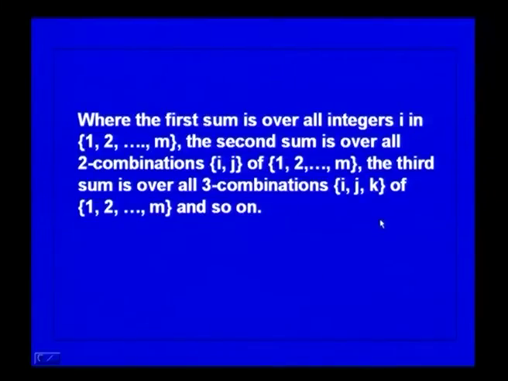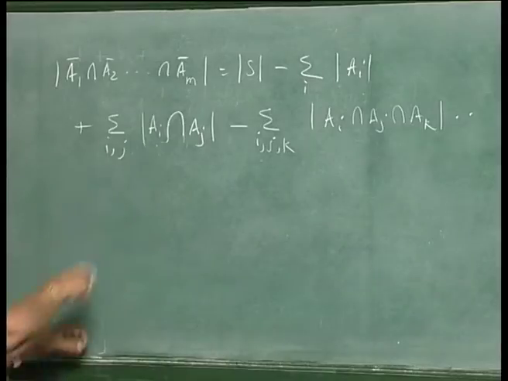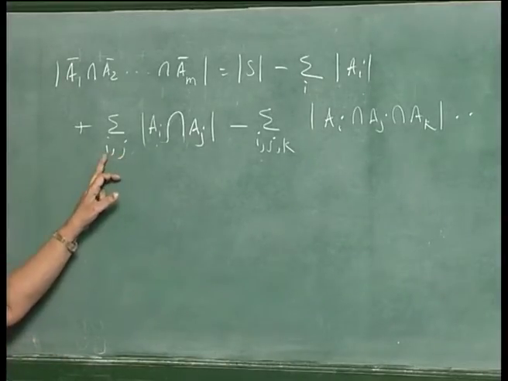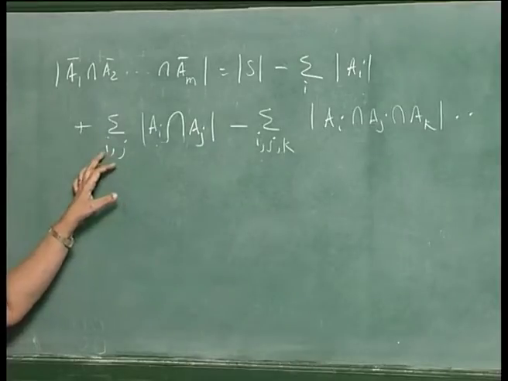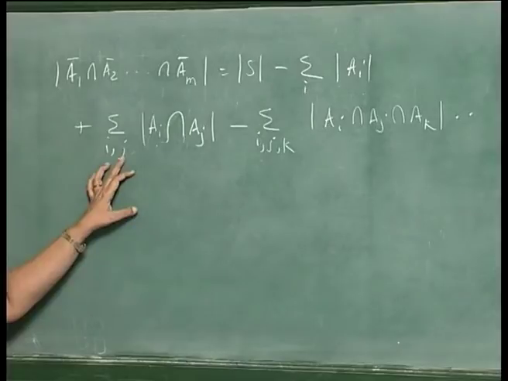Here the first sum is over all integers i. Here you should take all integers i, j such that i not equal to j, all two combinations from the set 1 to m.